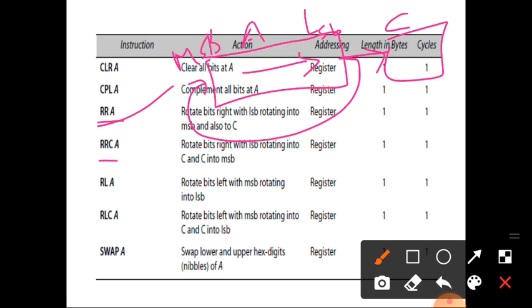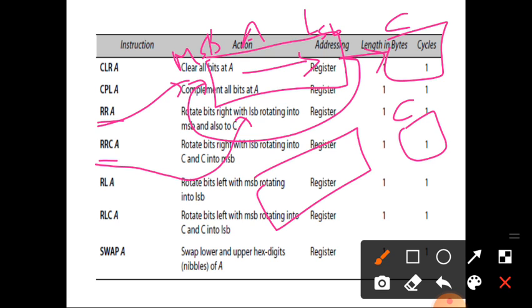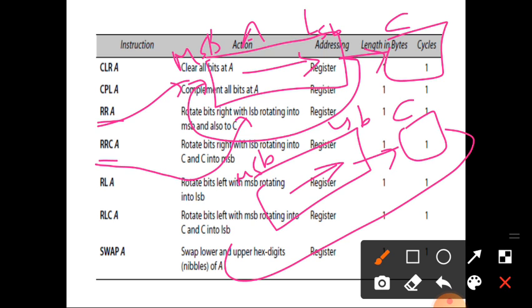This is RR A. Then what about RRC A? Here each bit is rotated to the right, the LSB is rotating to carry, and carry is rotated to the MSB.